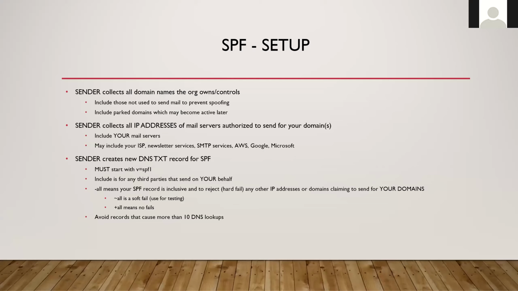In the case of Buncombe County, that's Office 365, that's iContact, which we use for some mailing list stuff. There is a state library server where we send email out for your book reservations, things like that. You need to know all of those. If you miss one, there's a decent chance that the recipient is going to reject that email.